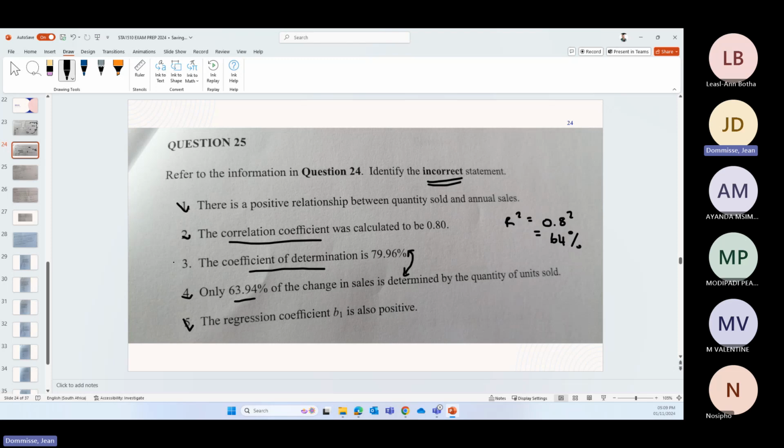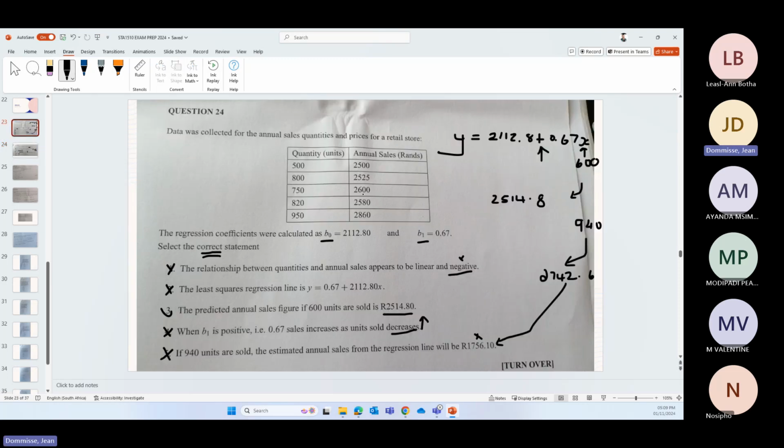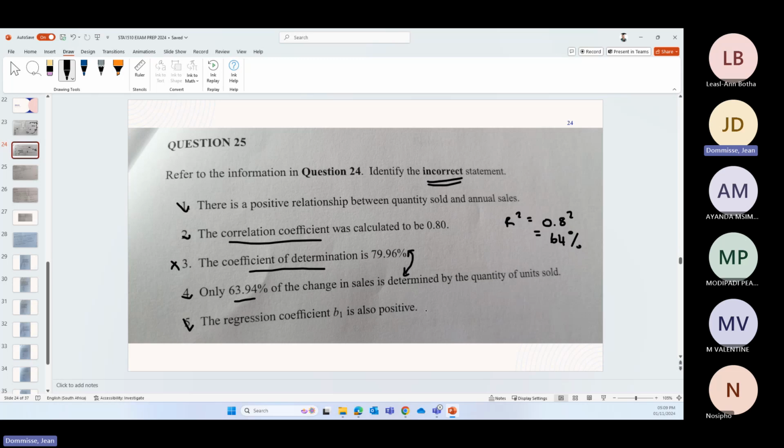Okay, so this one is a bit tricky in the sense of looking at the options. If you did not use the data and put it into your calculator, you can also work it out by eliminating the options.